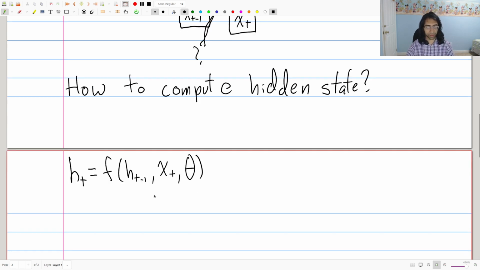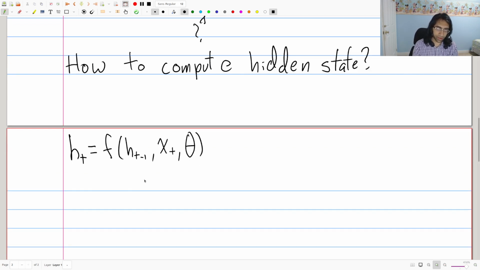So we're saying we're going to determine our next h sub t as a function of three things. Let's talk about what each of these are. The next hidden state is going to depend on the previous hidden state. It's going to depend on the current input.